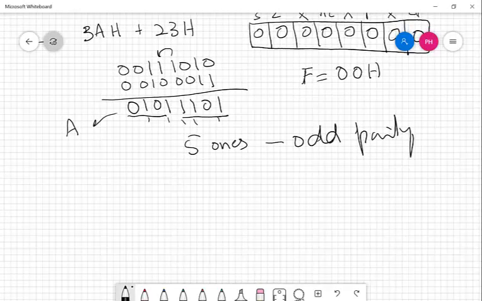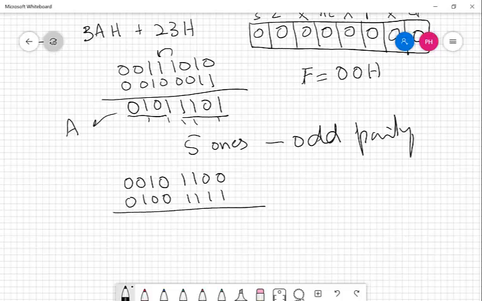One more example we will try to do here. Maybe I have a number like 0 0 1 0 1 1 0 0 1 1 1 1 0 1 0 0. So let me add these two numbers.